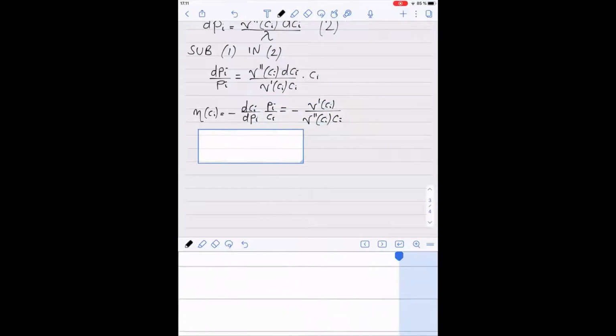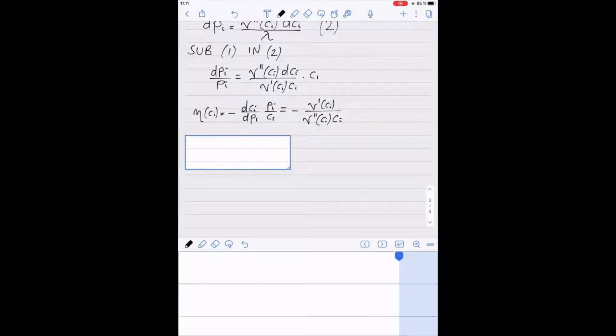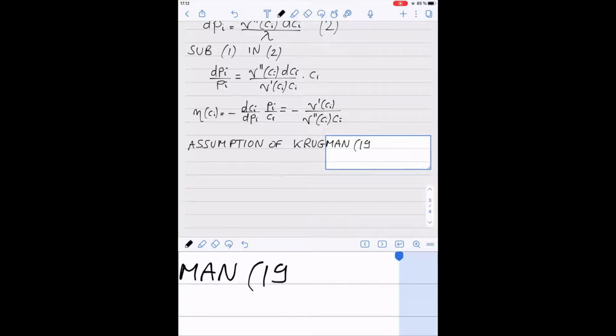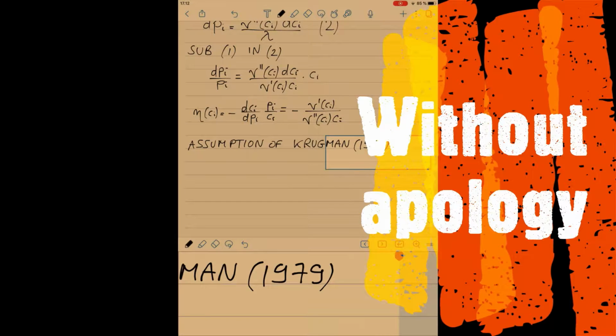Well, we're going to make a crucial assumption here. The assumption of Krugman, 1979, the first paper of the two, which is actually written in the paper as he makes this assumption without apology.